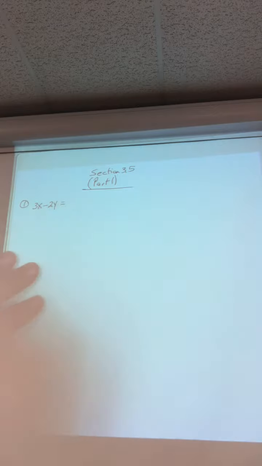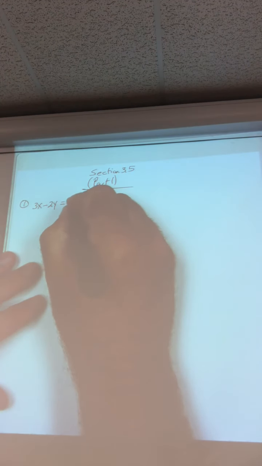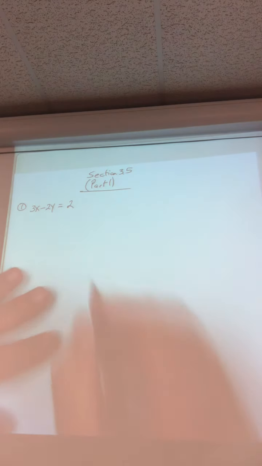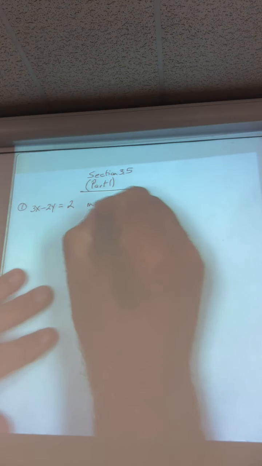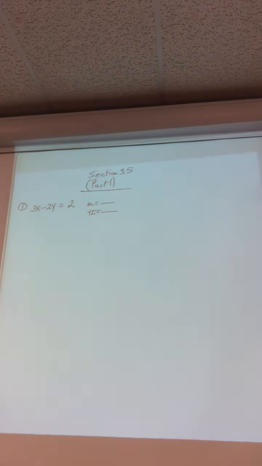3x minus 2y equals, let's just say, 2. Okay, so it says graph the line by using the slope and the y-intercept. What that means is that I have to find those two things first.